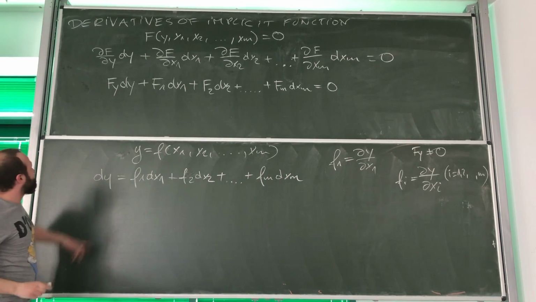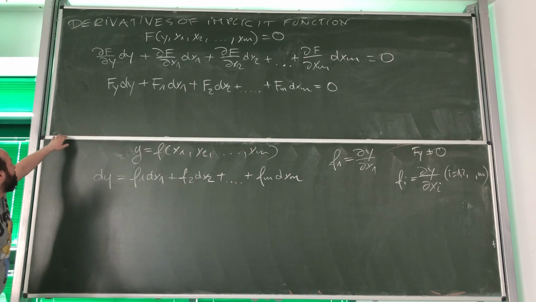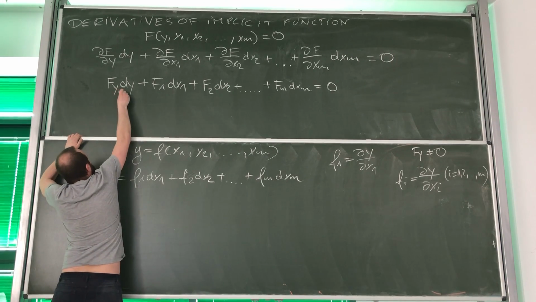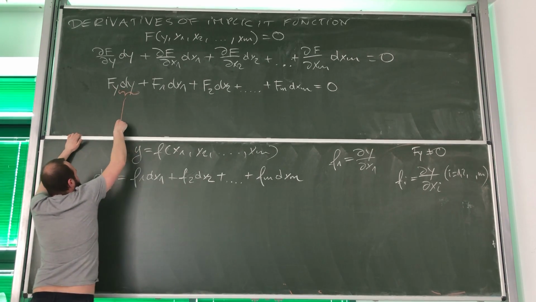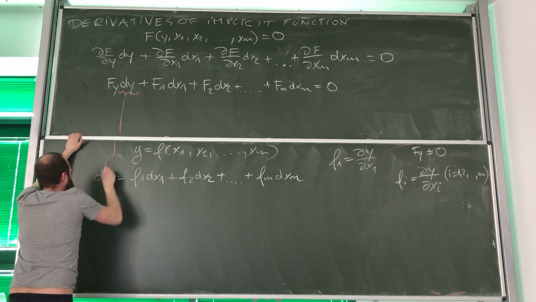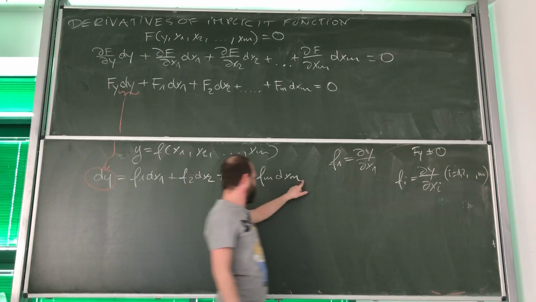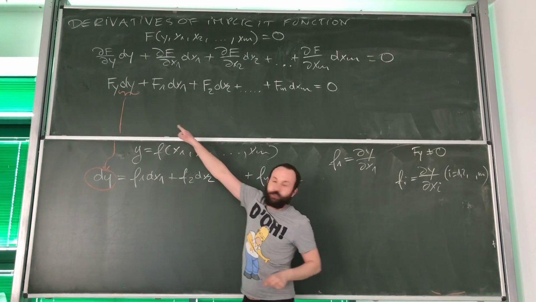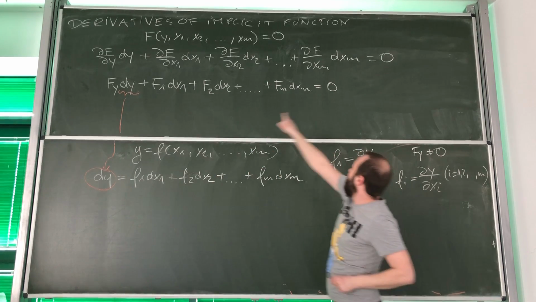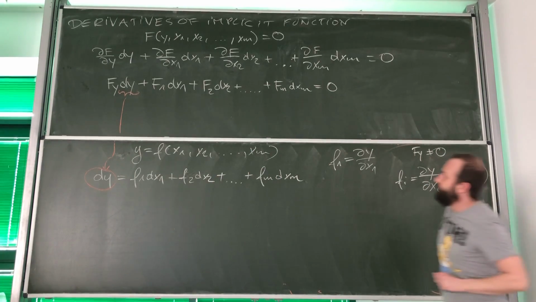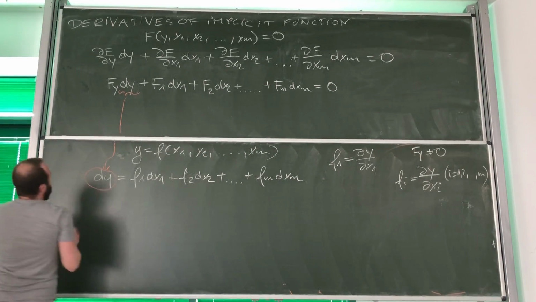Now let's notice a very simple thing. Look, dy is over here. So I can simply take this expression and substitute it in the equation we've got above. And what are we going to get out of it?